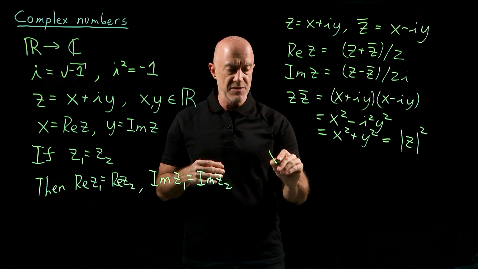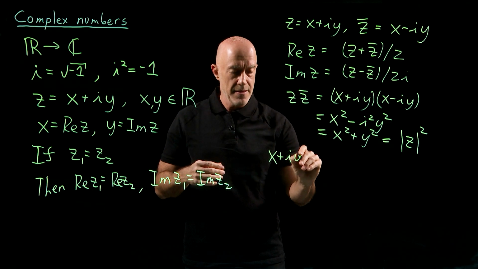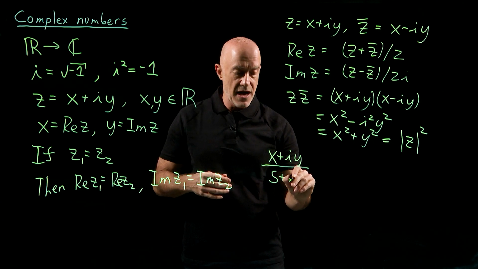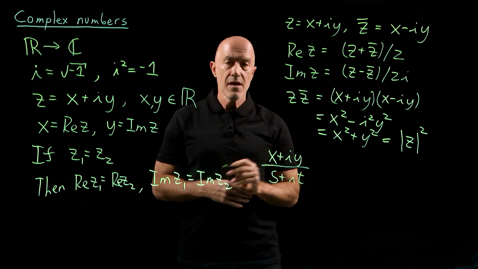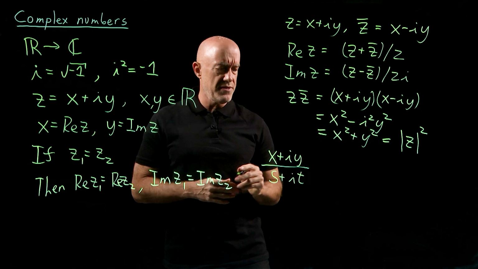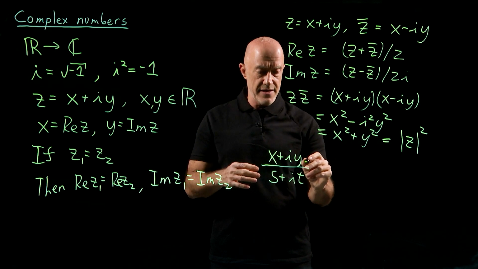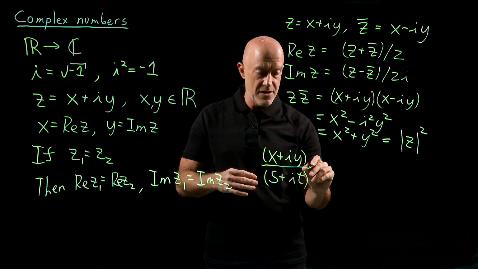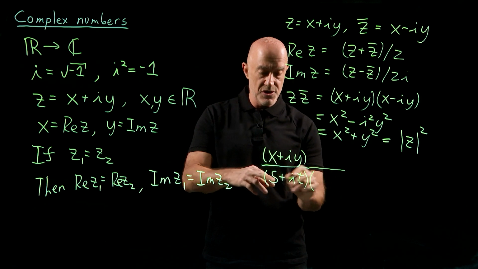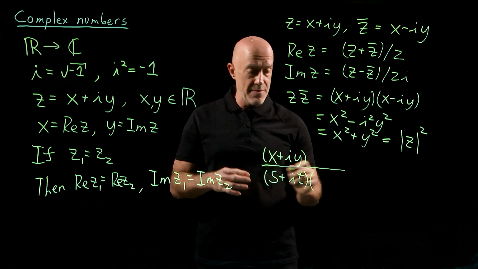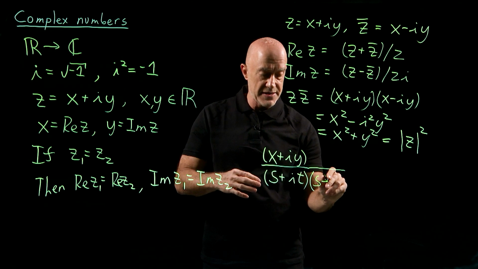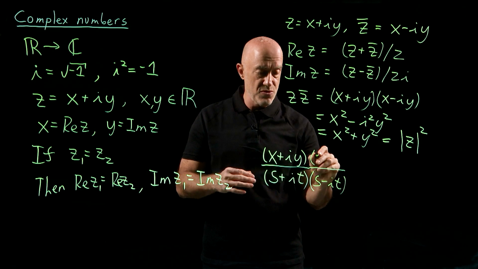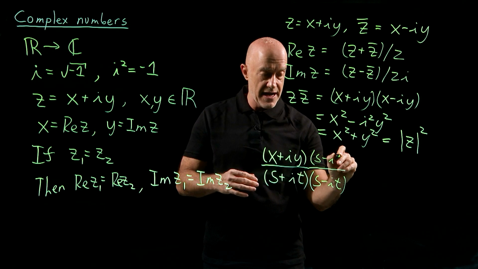If we look at x plus iy and divide that by another complex number, s plus it, we would like to clear the i from the denominator. So to do that, we can multiply the numerator and the denominator by the same quantity. To clear the i from the denominator, we would multiply by the complex conjugate. So s minus it. We multiply the numerator by s minus it.